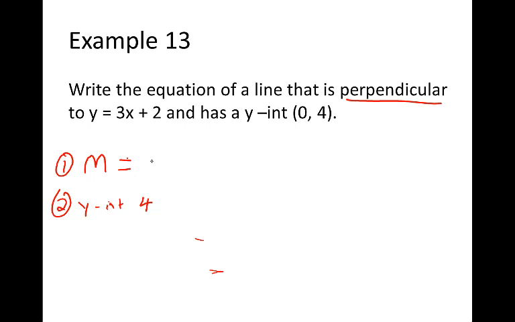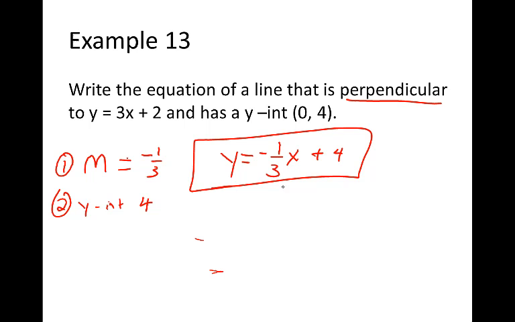Good, negative 1/3. It's the negative reciprocal of 3. I flip it, change its sign. So my equation is y equals negative 1/3 x plus 4. And that's going to be it for this lesson.